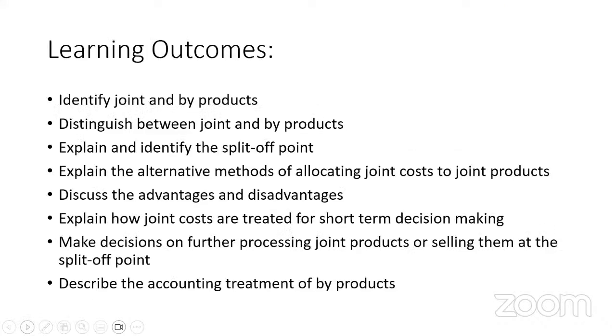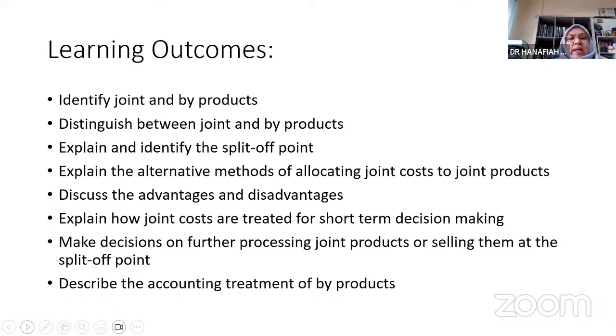All right. The learning outcome from this part is that hopefully you can identify the joint and by-product, distinguish between these two, explain and identify the split-off point, explain the alternative methods of allocating joint cost to joint product, and discuss the advantages and disadvantages of the method.